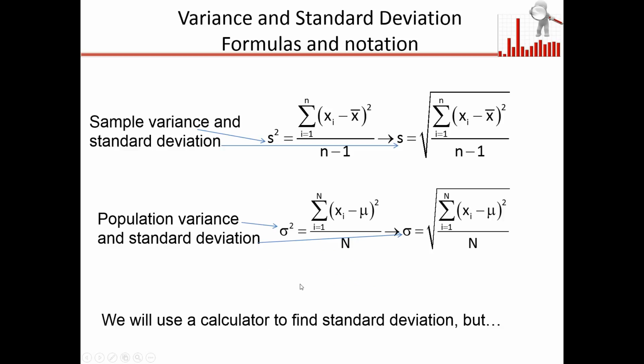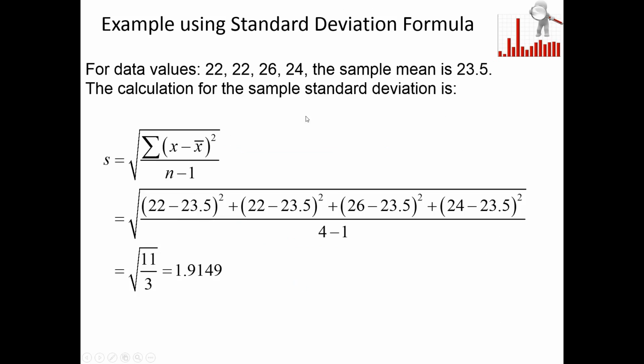So we'll use a calculator for these, but it is useful just to see how these calculations are made. So here's a quick example. Here's 4 data values, and the mean for the data values is 23.5. So the sample standard deviation here is this formula, and what it means is we're going to add up the squared distances of each of the points from the mean.